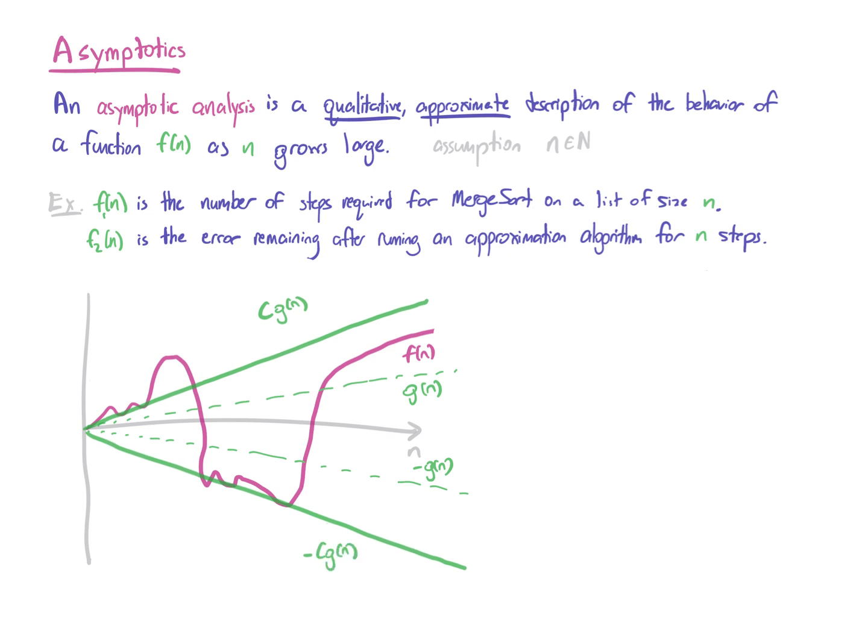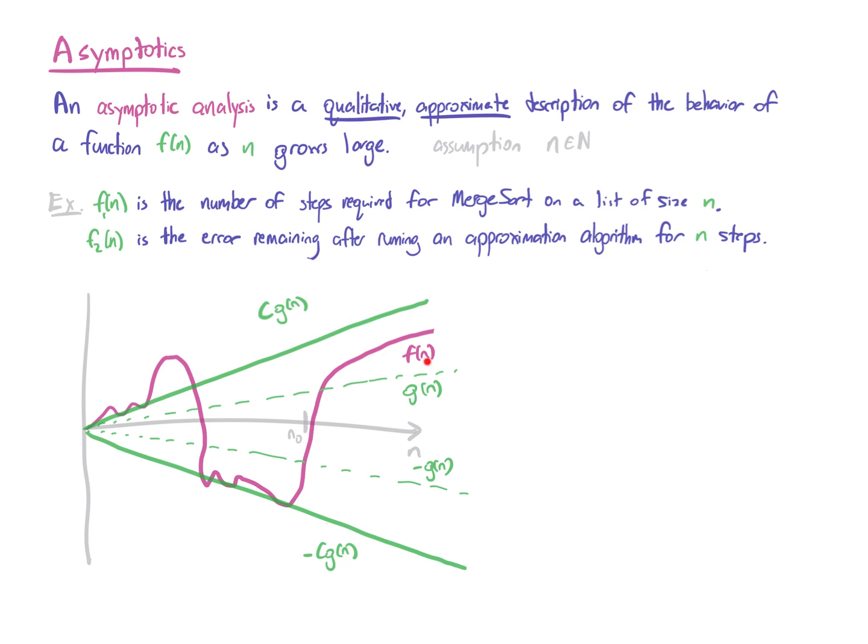My cone is allowed to become wider, if you will. And what I notice about this choice is that, at least in the way I've drawn things here, past about this point that I'll call n naught, it's the case that f of n is contained within the bigger green cone, the one that's scaled by c here.